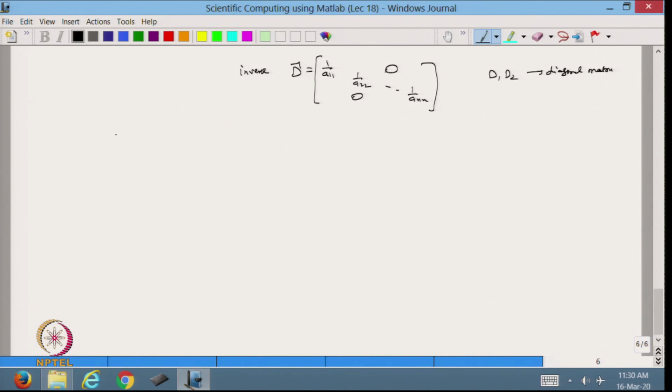Now, we want to define a few more properties of matrices. So, let us define some important matrices. The first one we call the tri-diagonal matrix.